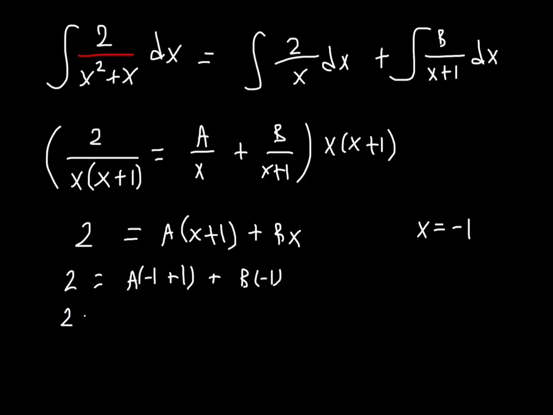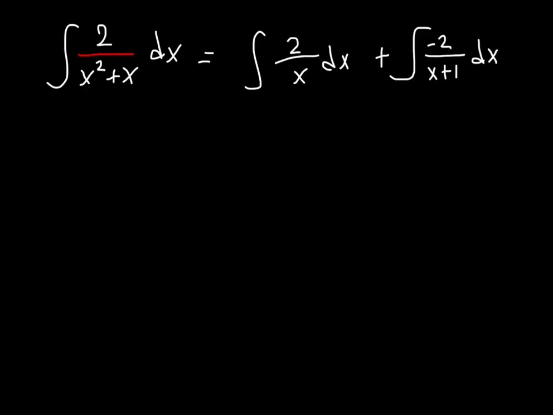So here, -1 plus 1 is just 0. A times 0 is just 0, plus b times -1, so this is just minus b. And then I'm going to divide by -1. So I know b is equal to -2. So I'll replace b on top here with -2.